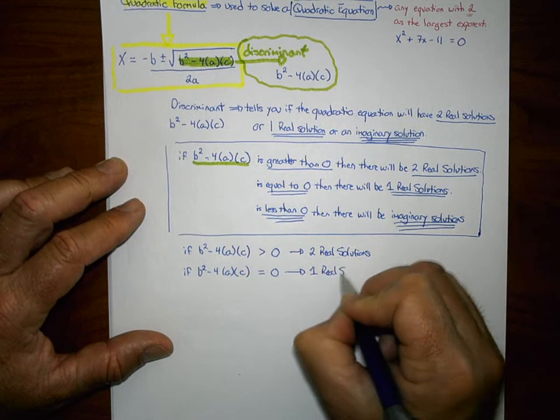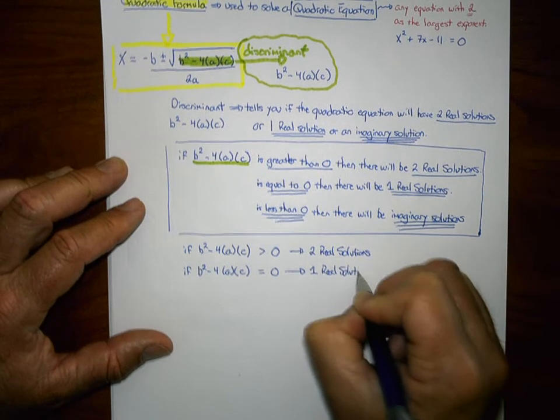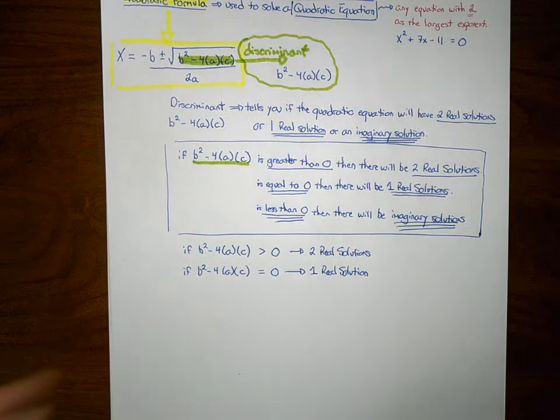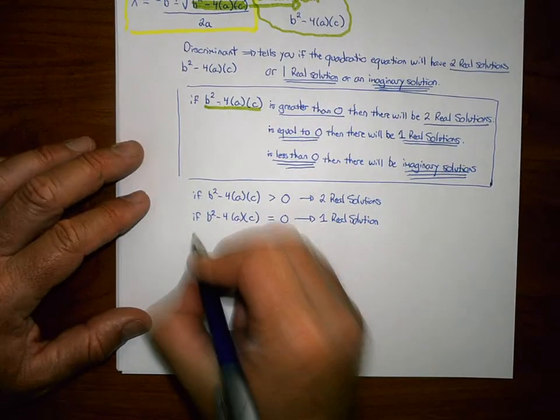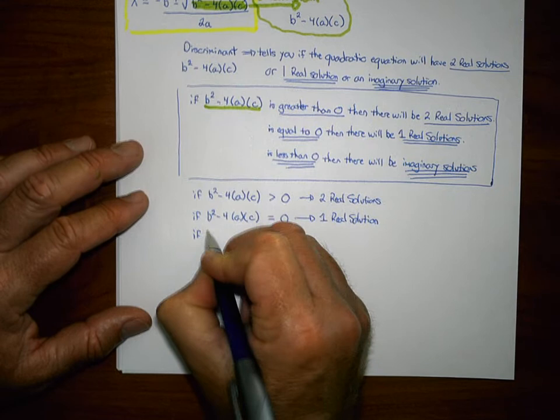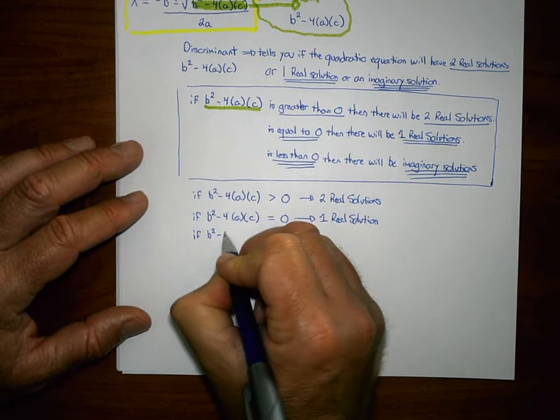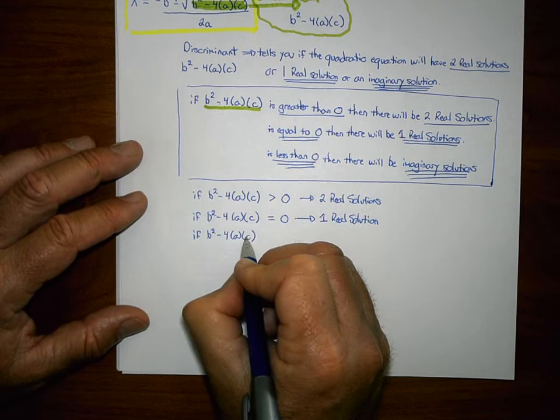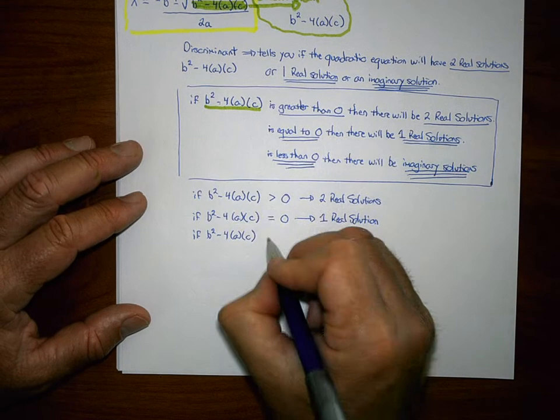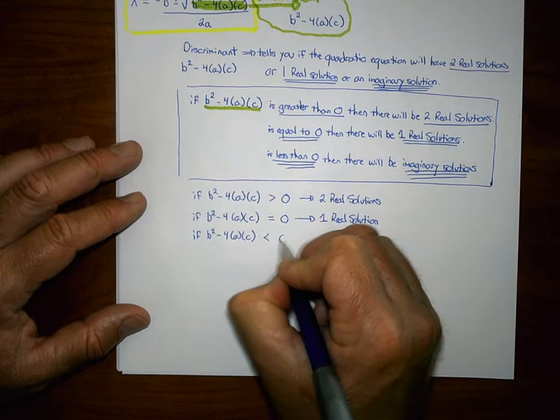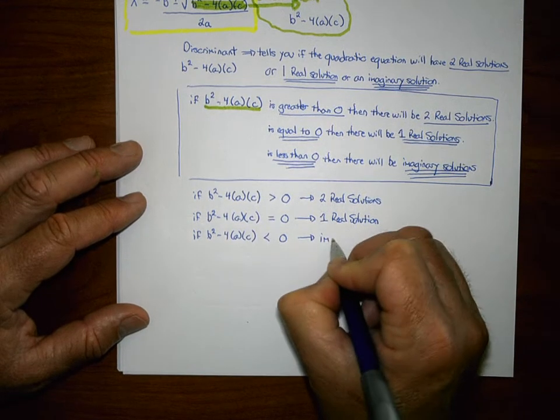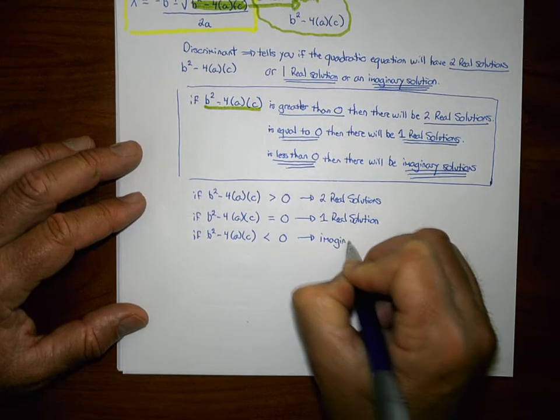Now keep in mind, today we are not going to be finding what the solutions are. We're just going to be finding how many solutions there will be. And the third one would be if b squared minus 4ac, which is called the discriminant, which is a part of the quadratic formula, is less than 0, then that means we're going to have imaginary solutions in our problem.